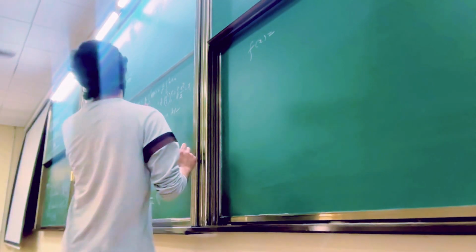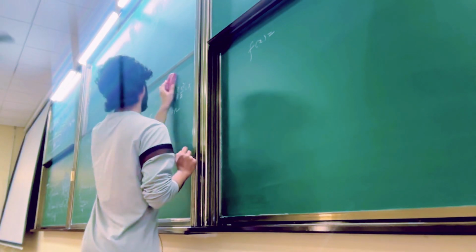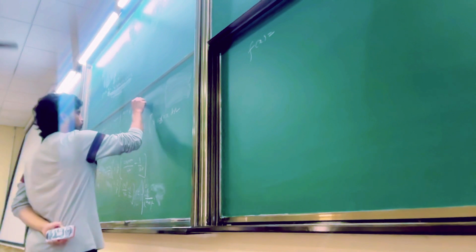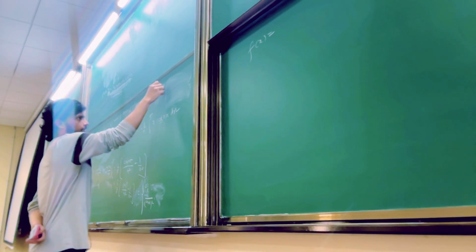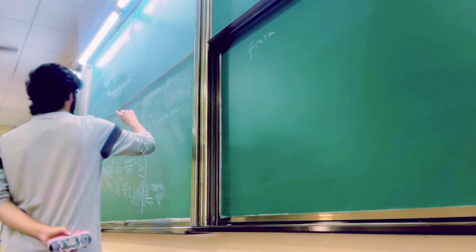Sorry. 1 by pi, integral from minus pi to pi of mod x dx, and this is not going to be 0 because mod x is even.